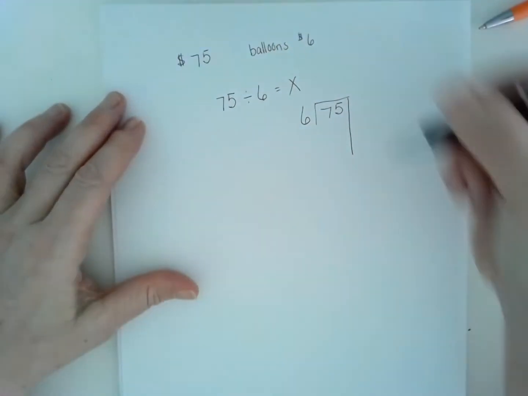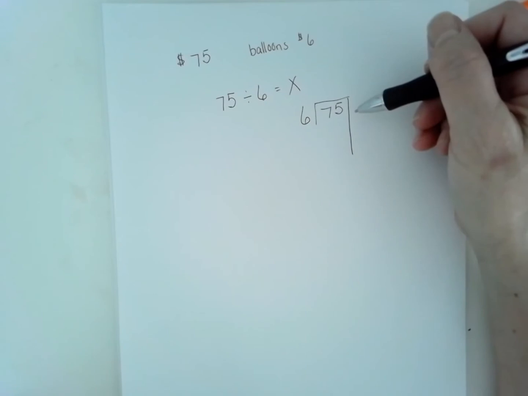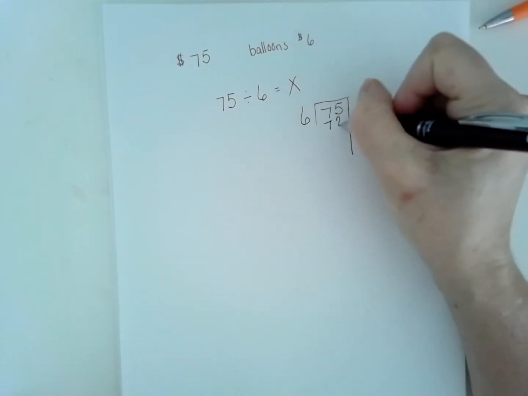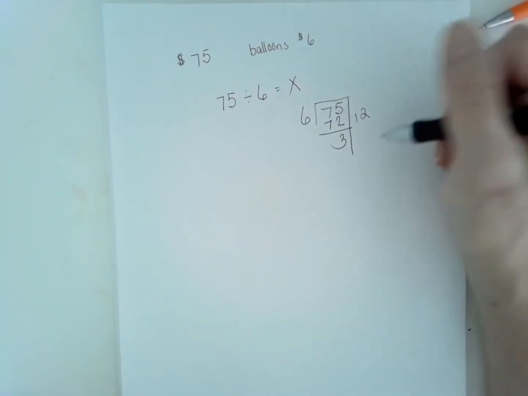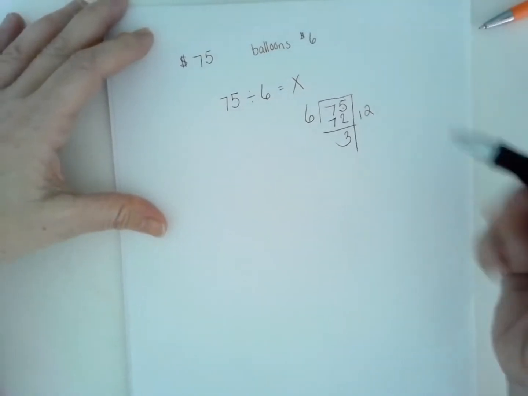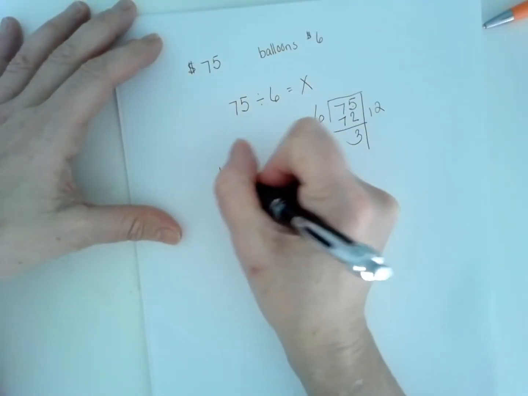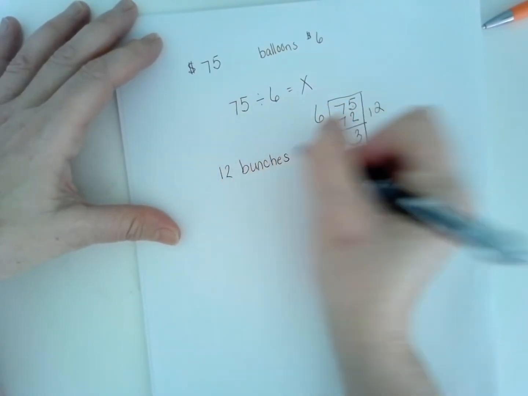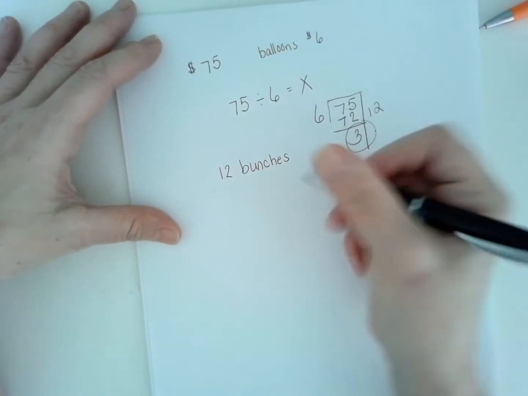So I recognize that 6 times 12 is 72. So he can buy 12 bunches, but we have a remainder of $3.